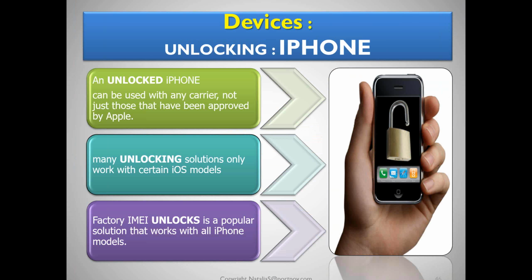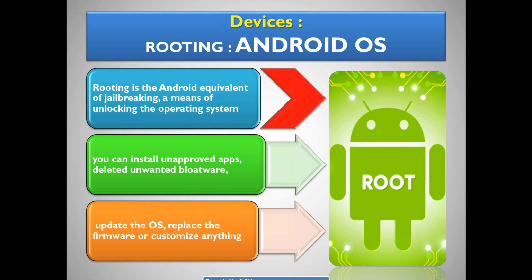This next one is rooting, and this is an official term that is applied to Android devices, and for people who love Android, rooting can give you an opportunity to do so much more than your phone can do out of the box.